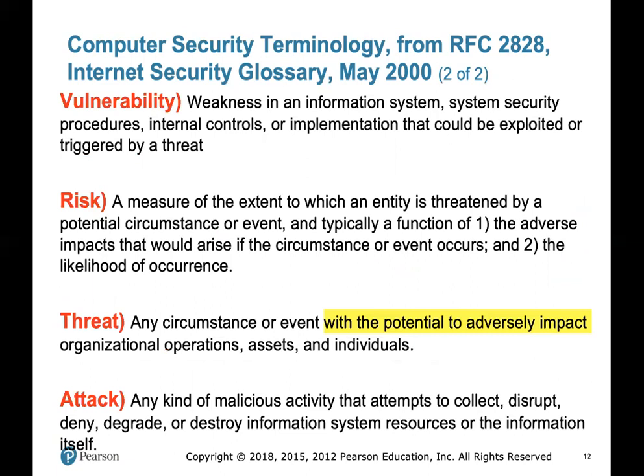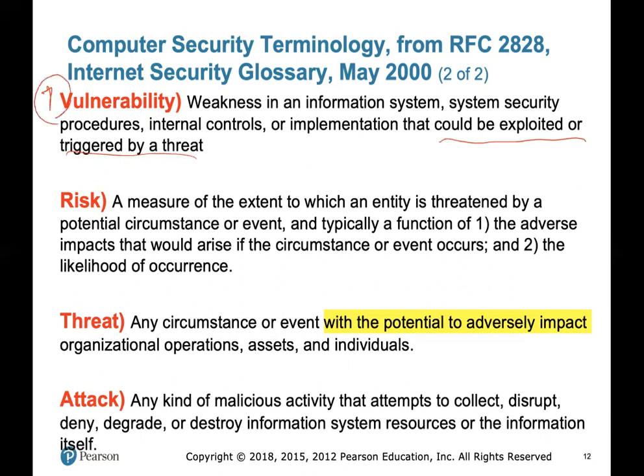Vulnerability is any type of weakness in our information system or in the security procedures or internal controls or whatever is related to our system or even implementation that could be exploited or triggered by a threat. Any weakness in our information system that could be exploited by a threat. So the first thing in our chain is vulnerability.